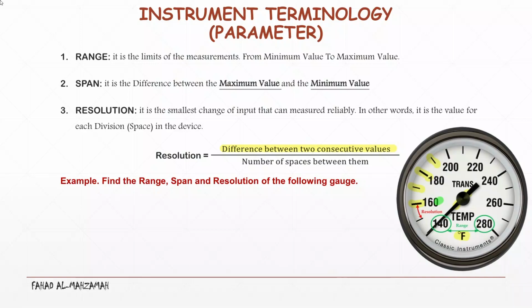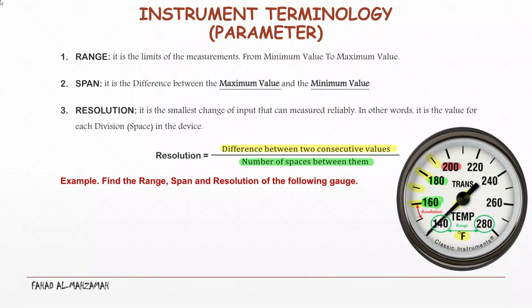160 and 180 are two consecutive values. However, 160 and 200 are not two consecutive values, because 180 is between them. So you are taking the difference between two consecutive values. The difference between 180 and 160 is 20, divided by the number of spaces between them.